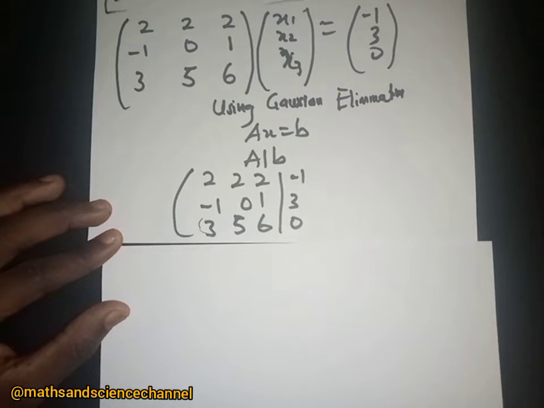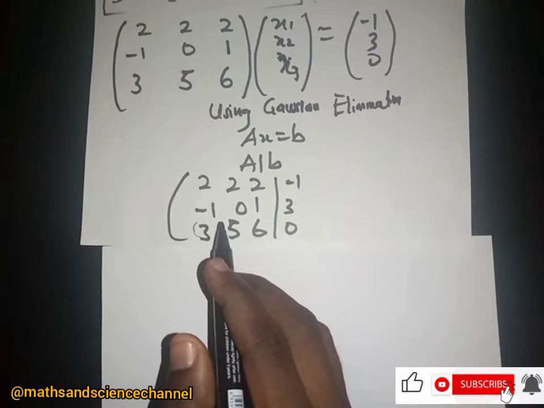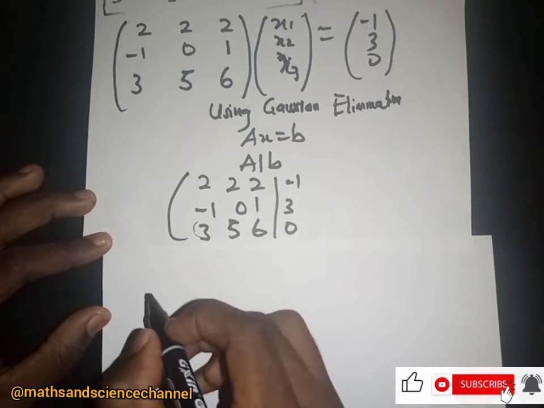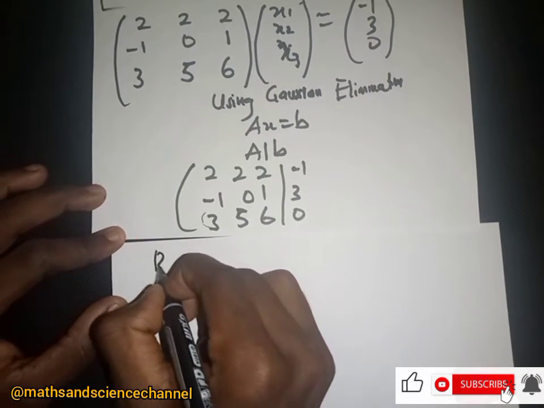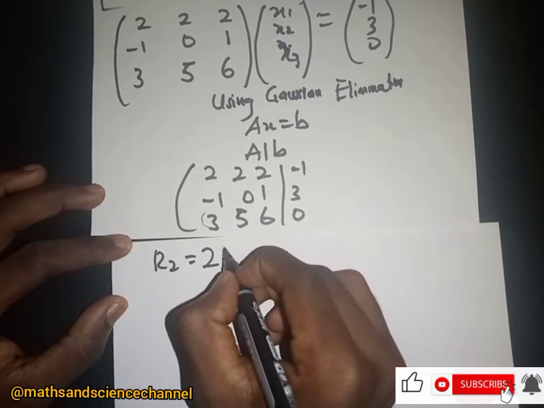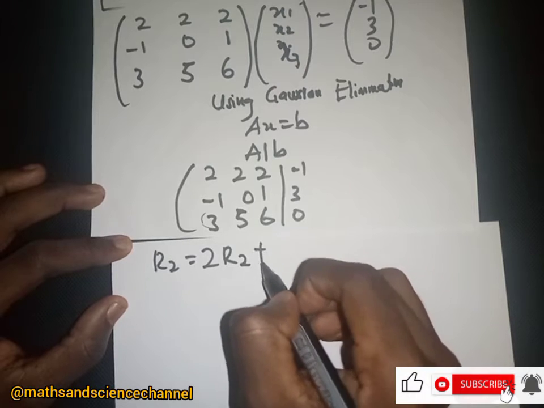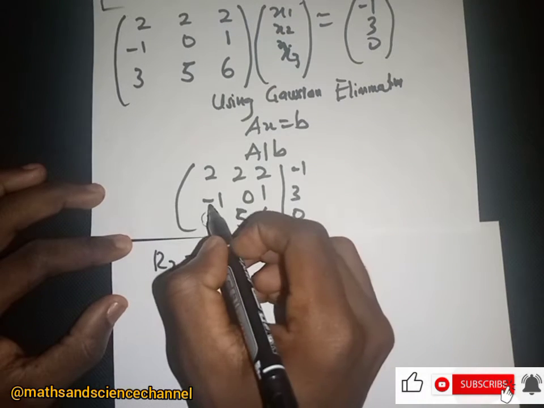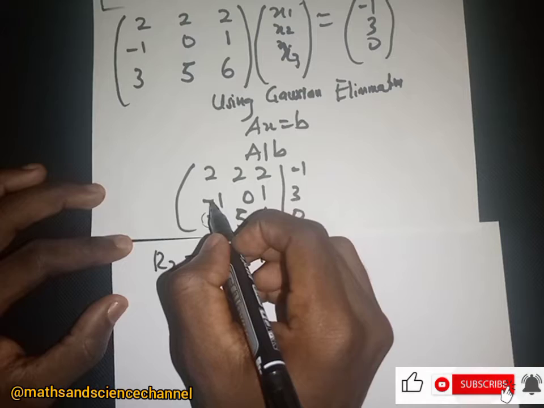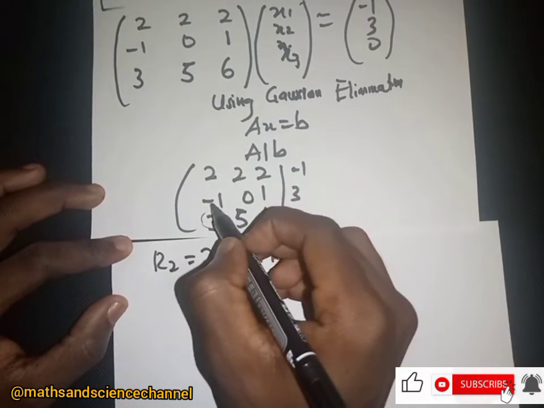So in order for us to do that, we realize that in row 2, what we have to do is multiply through row 2 by 2, then we add it to row 1. Now when we do that, this becomes -2, then plus 2 here, this goes to 0, right?